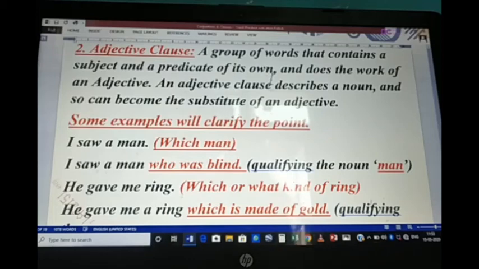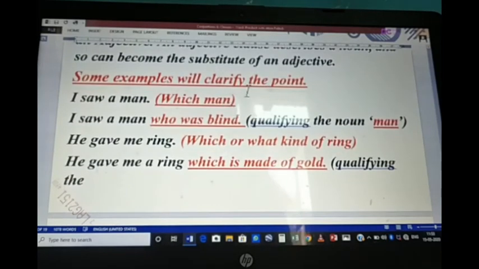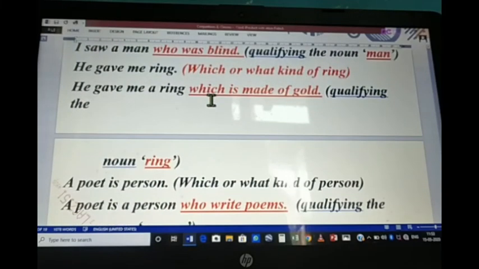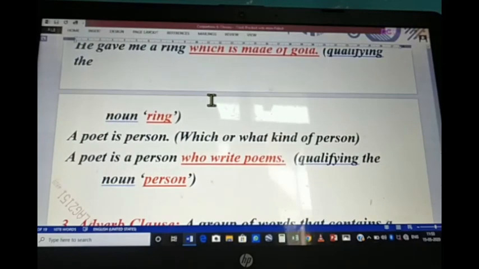That's why it is called a clause. Simply we can say that any word which answers the question which or what kind of will be called an adjective, or if it is a clause, then we will call it an adjective clause.